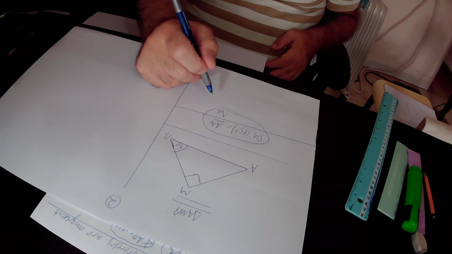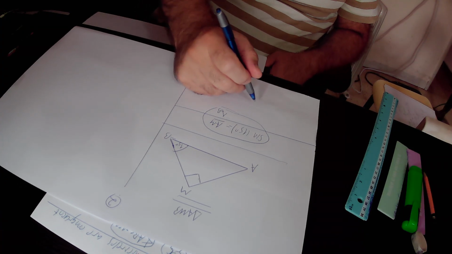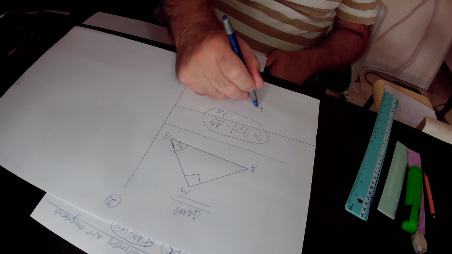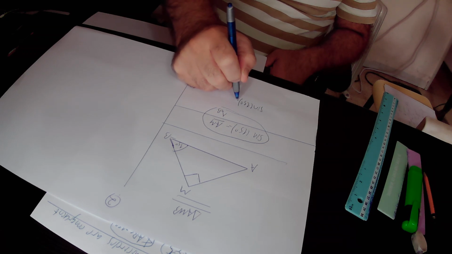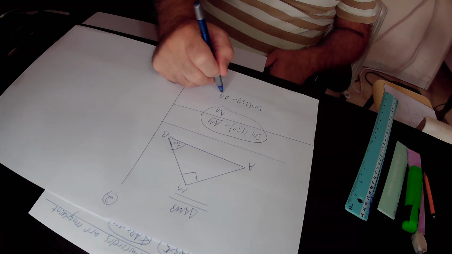AB is 5, so substitute AB by 5 in this equation, and we get that sine 15 degrees equals AM over 5.